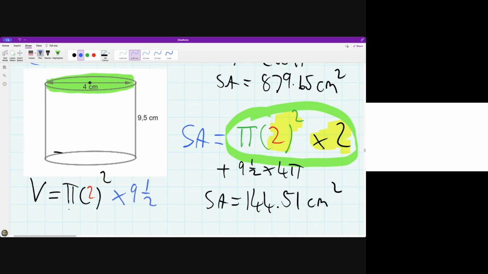So times 9.5. So what's that going to give us? Times 9.5, I get 119.38 centimeters cubed. So volume is actually super awesomely easy.